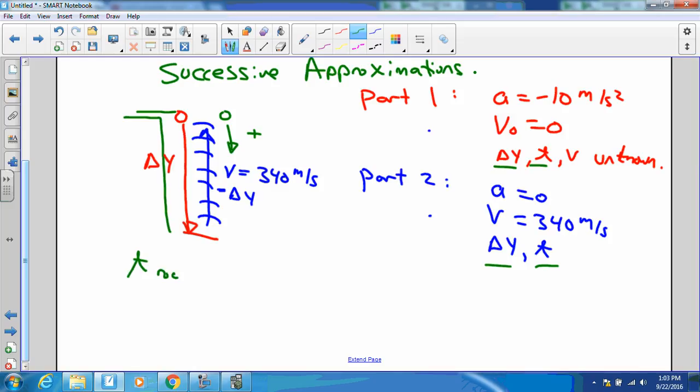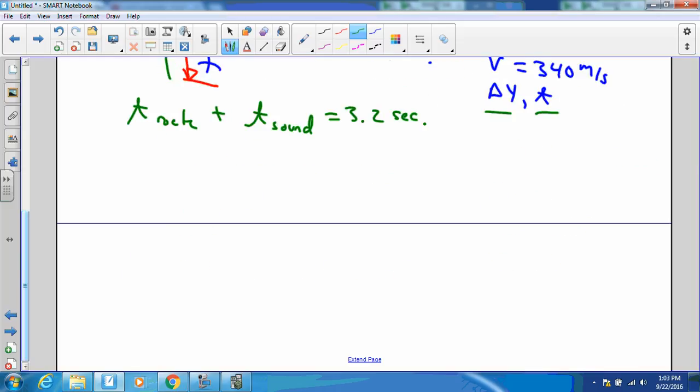Notice that we would say something like t rock plus t sound all add up to 3.2 seconds. And we can now write some kind of equation for t rock and some kind of equation for t sound. This sounds like a bad idea to me because it seems like it's going to involve a lot of complicated algebra. The second way that I could approach this problem, though, is very clever.